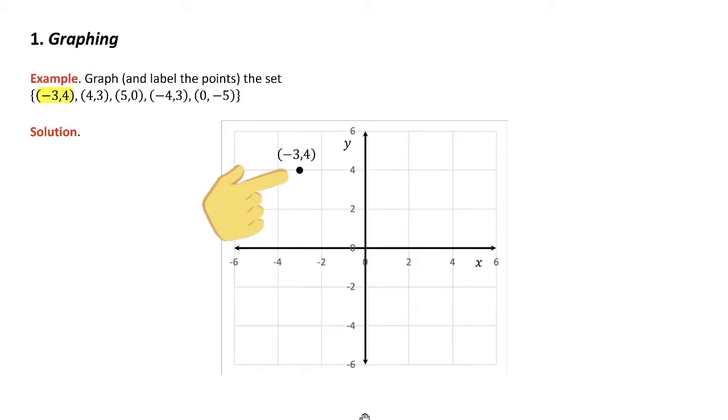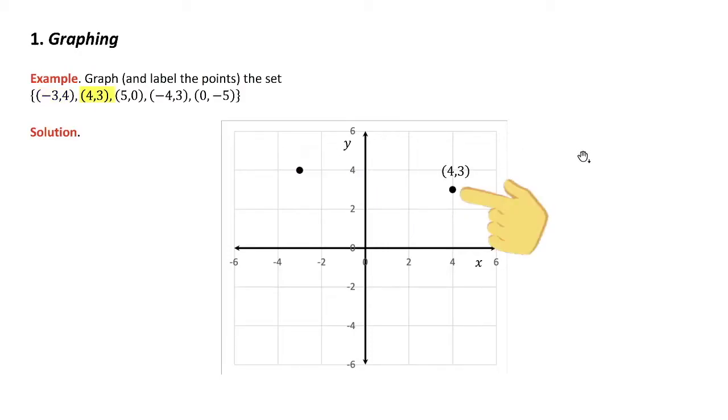These are the possible choices for y. In the ordered pair, the first number goes to the x, and the second number is the y value. So minus 3 would be the x value, so x would equal minus 3, and 4 would take the y value. Y would equal 4.